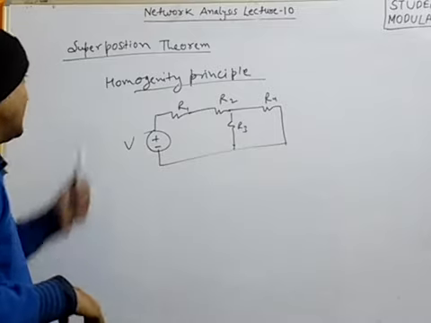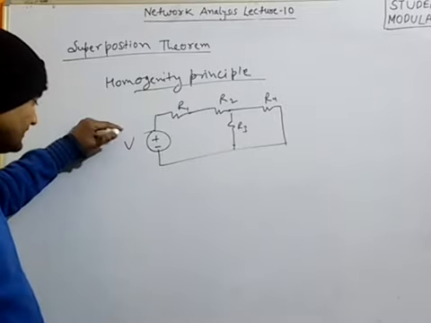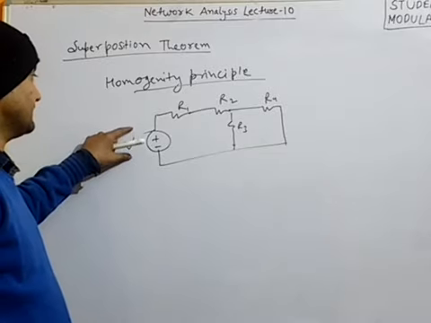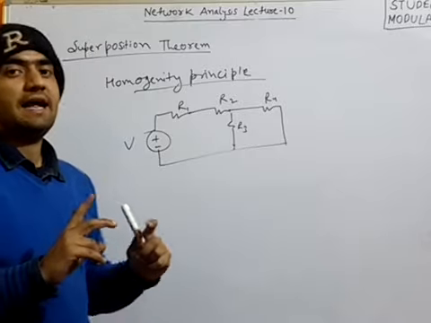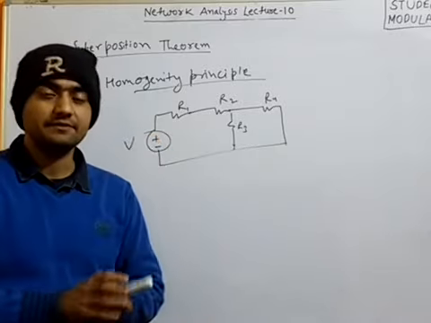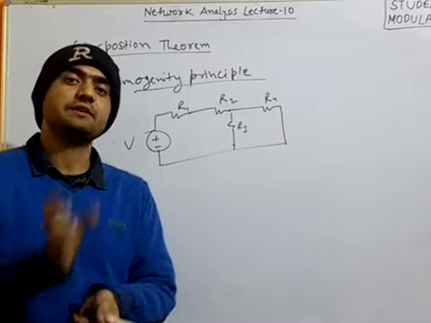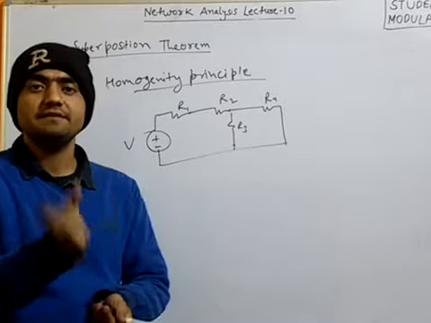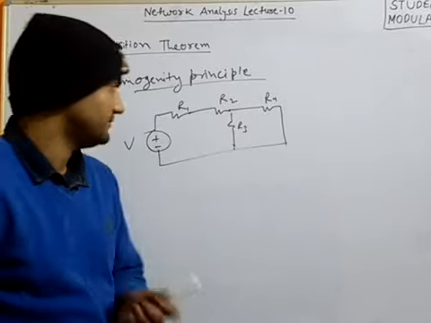So as per the superposition theorem, the individual sources are applied once, and the total value due to all the sources will be the algebraic sum of the response due to the individual sources.